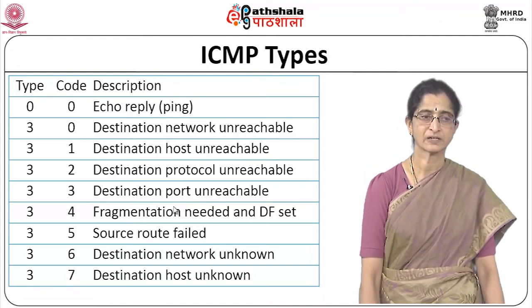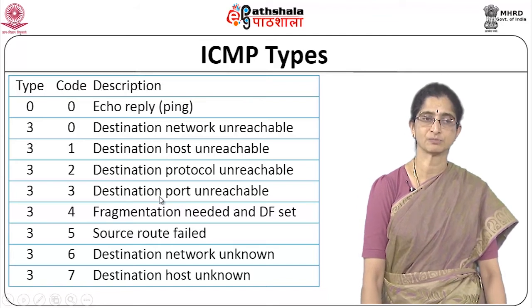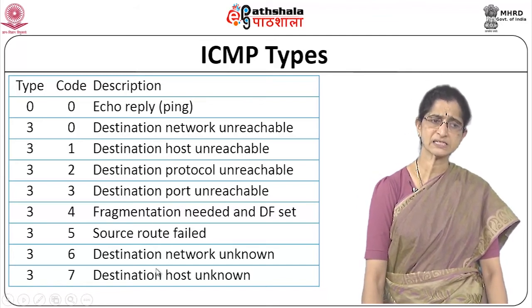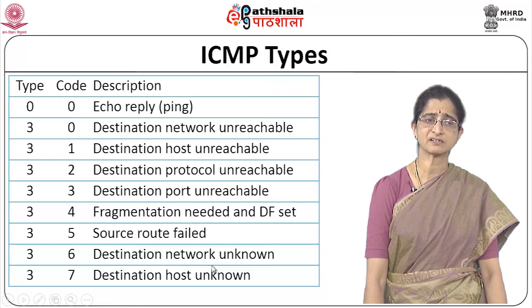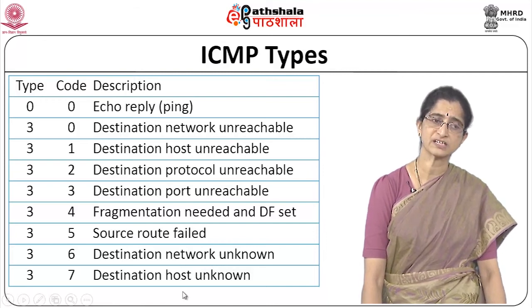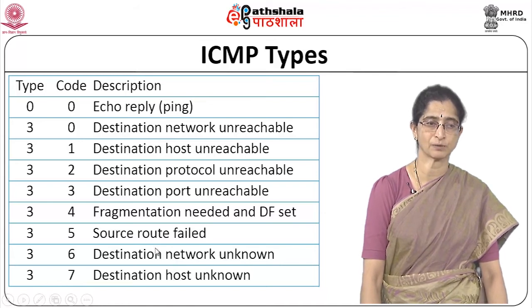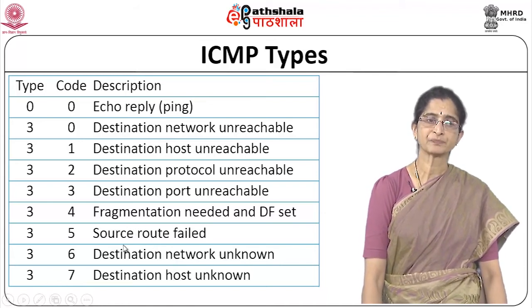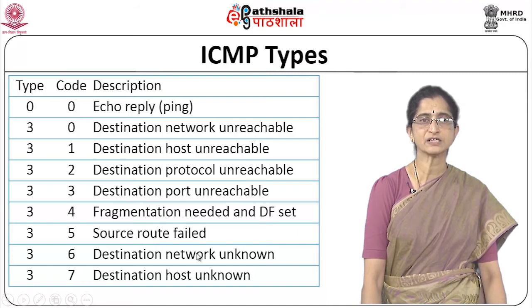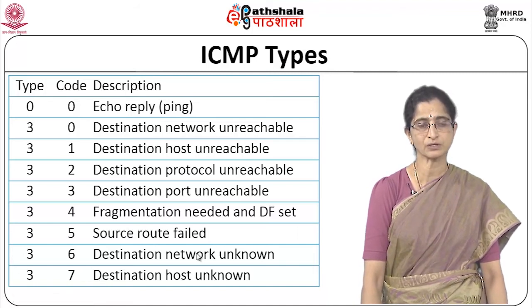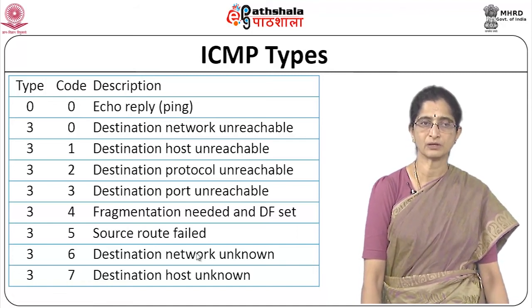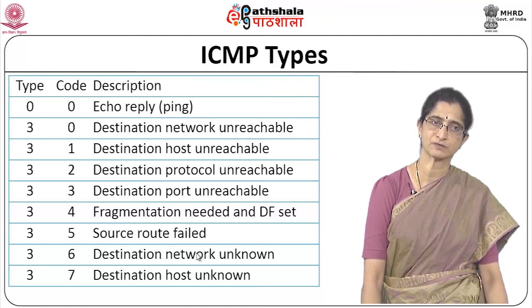These are different destination unreachable options. You may also have a situation where the destination network is unknown or the destination host itself is unknown. In addition, if source routing was specified, it is possible that the source routing failed because for some reason you are not able to follow the path that has been specified as part of the source routing option.